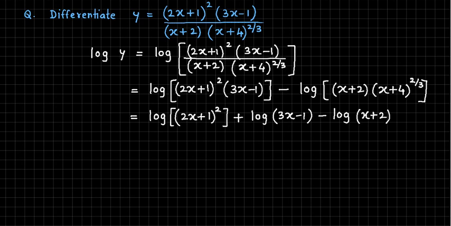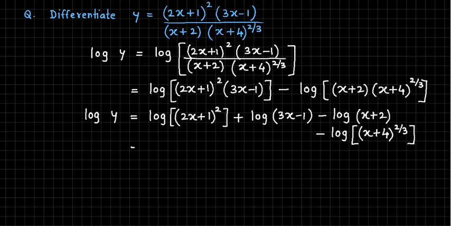So that is minus log of x plus 2 minus log of x plus 4 whole raised to 2 by 3. Now we are already familiar with the process till this point. It involves the properties of log. So what we have found so far is just the log of y.